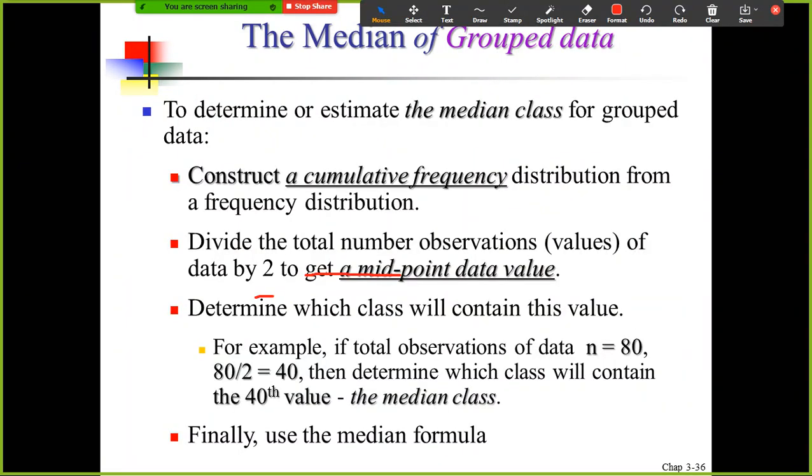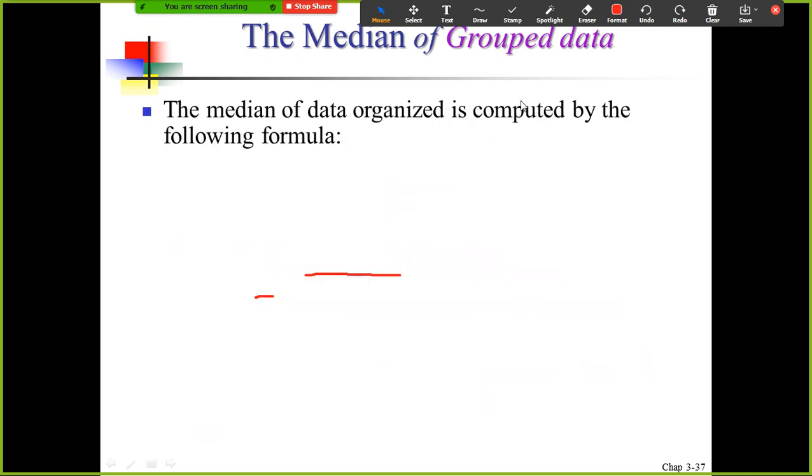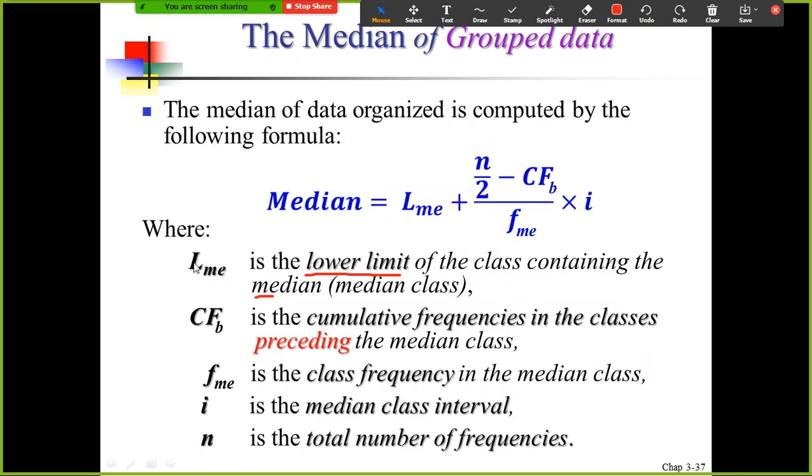In order to find the median class, you need to construct a cumulative frequency distribution and then take n, the number of observations in our data set, divided by 2. You get this value. Try to find which class this value is inside. The class that this value is inside, we call the median class. That's why when we know the median class, we know the low limit of the median class.